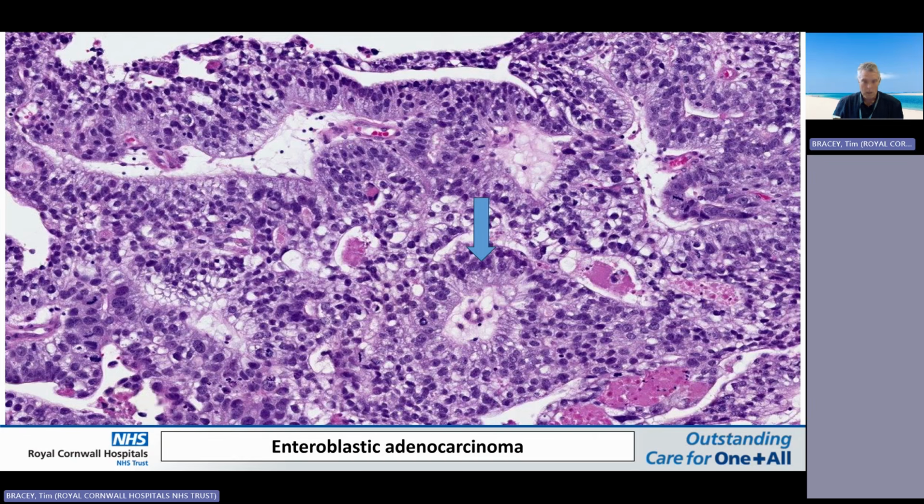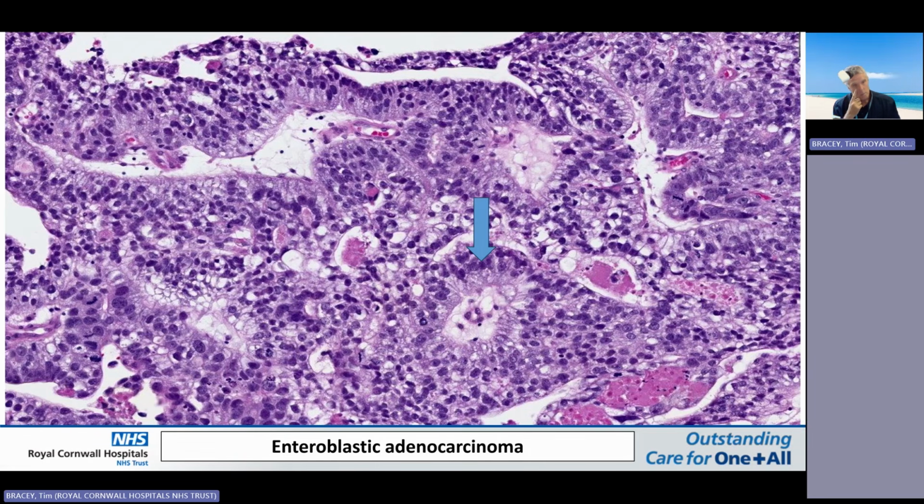This is something which I became aware of, interestingly. You go to a conference, I saw Fatima Carniero talking about enteroblastic adenocarcinoma, hadn't heard about it before. It used to be called hepatoid carcinoma. Sometimes they can look really like liver, but more often they look like this fetal liver or almost endometrioid appearance with these Schiller-Duval body kind of things.